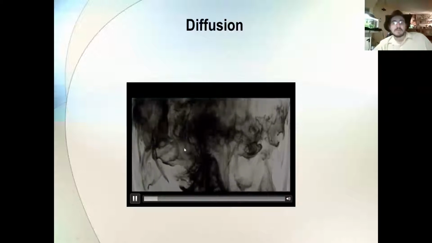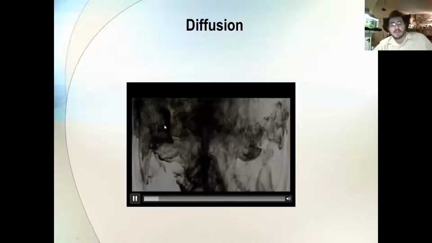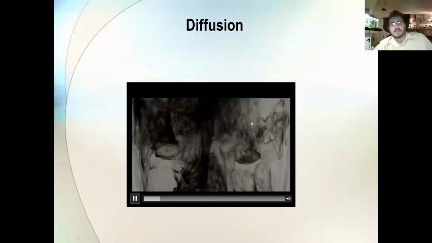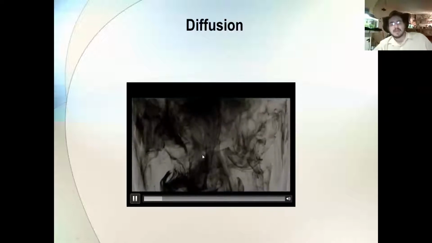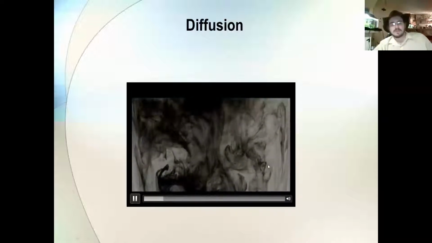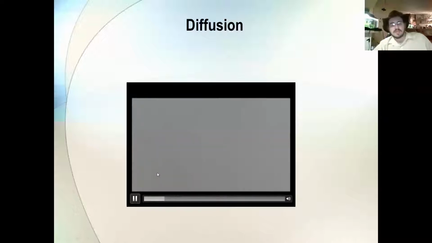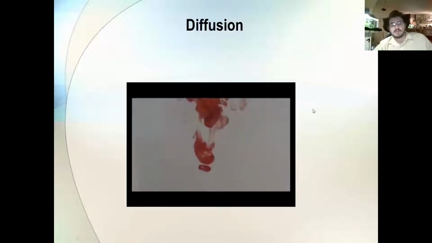But over time, this is still moving towards even concentrations throughout the entire container. So it's moving towards equilibrium, even though you can see that sometimes they move into high concentrations in random places and then diffuse out from there. It's random movement of particles from areas of high concentration to areas of low concentration. There it is in red, because it's pretty in red.